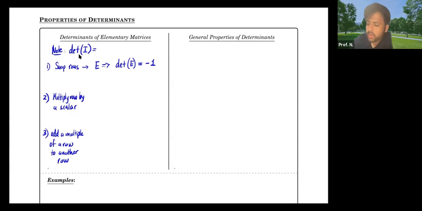So the determinant of the identity is 1. That's important. Determinant of the identity is 1. So remember elementary matrices: for example, if I want to swap the first and third row of a 3x3 matrix, then the elementary matrix is going to be the swapping of the first and third row of the identity matrix.